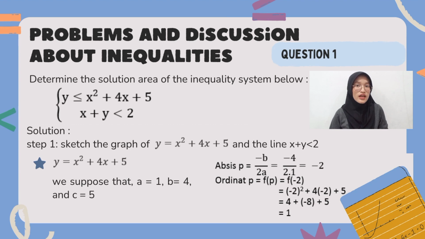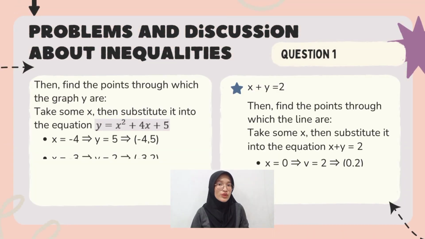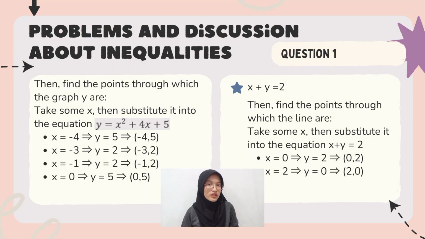Then, find the points through which the curve passes. Take some x, then substitute it into the equation y equals x squared plus 4x plus 5. Example, x equals minus 4. After substituting it into y, we get y is 5.